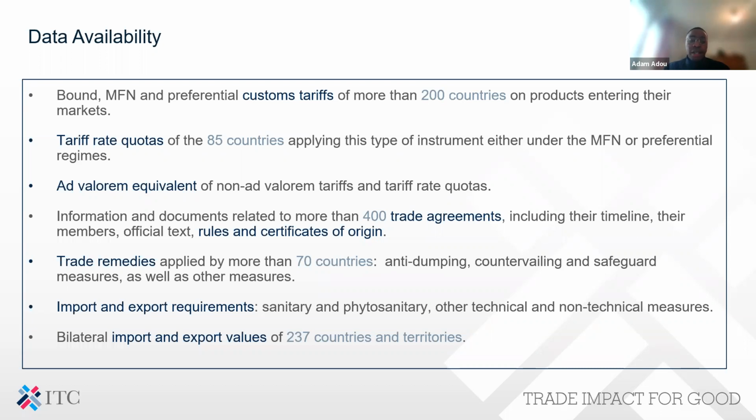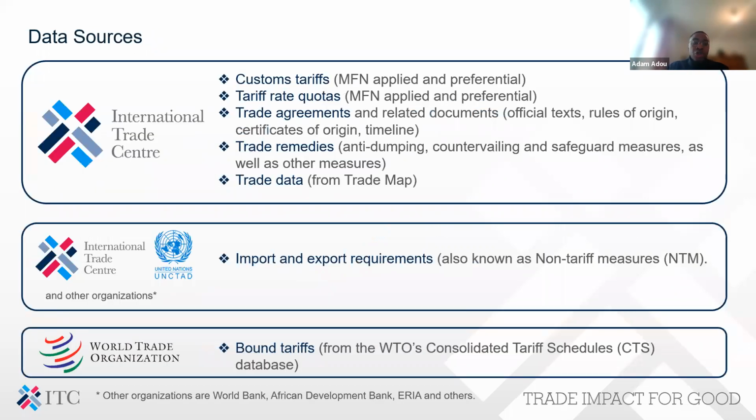We also have a lot of data regarding the trade agreements in force between different countries, in order to see from which trade agreement I can benefit when exporting my specific product, or when importing a specific product. Information regarding trade remedies, import and export requirements, and also bilateral export and import values for a lot of different countries.